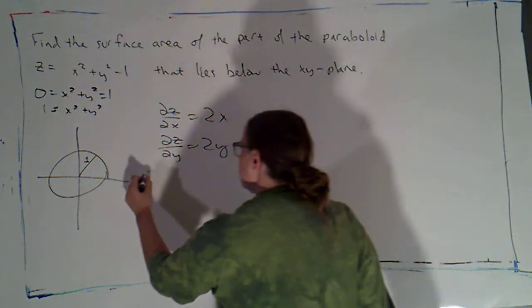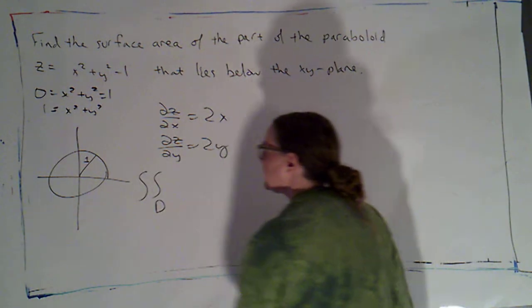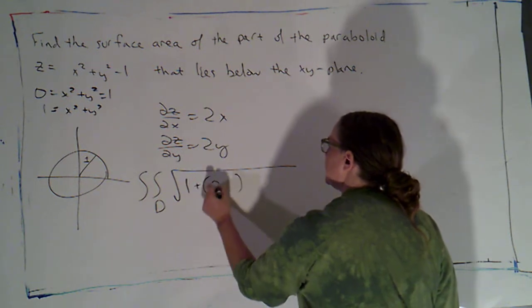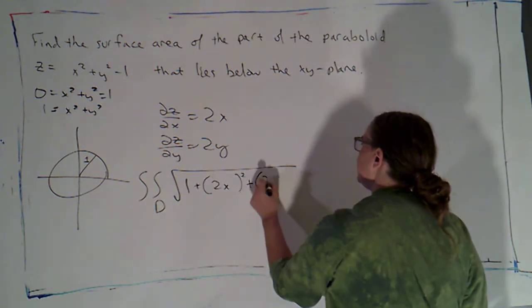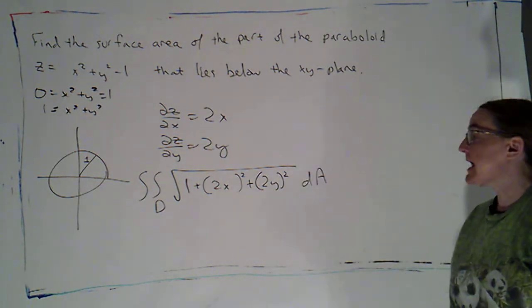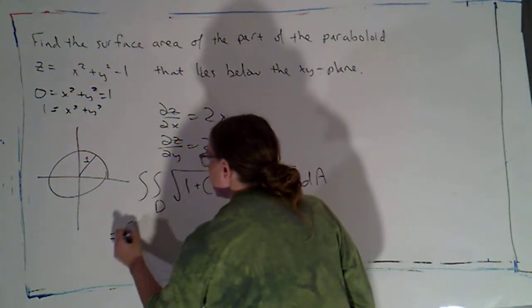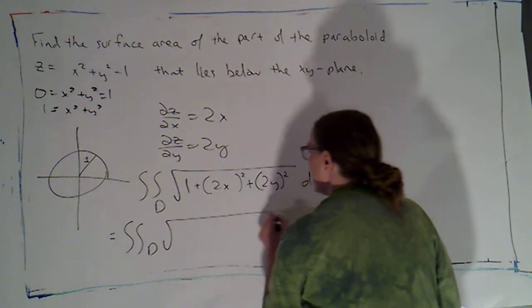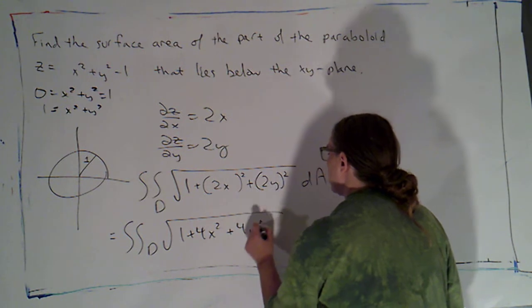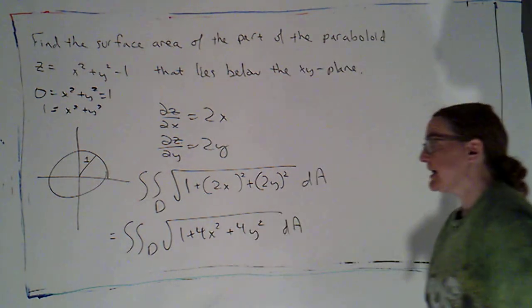So I can say, okay, my surface area is going to be the double integral over D of the square root of 1 plus (2x) squared plus (2y) squared dA. So that's the double integral over D of the square root of 1 plus 4x squared plus 4y squared dA.